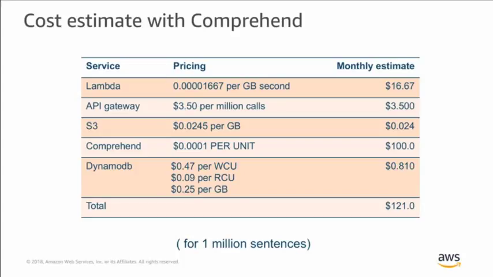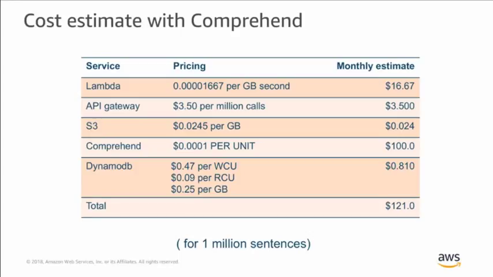So you are not going to be running this through Comprehend on a monthly basis, right? So once you have a text that's passed through Comprehend, you're done with it. It's not a recurring charge unless you have a million more sentences the next month. So the cost of this comes to around $121 on a realistic scale.